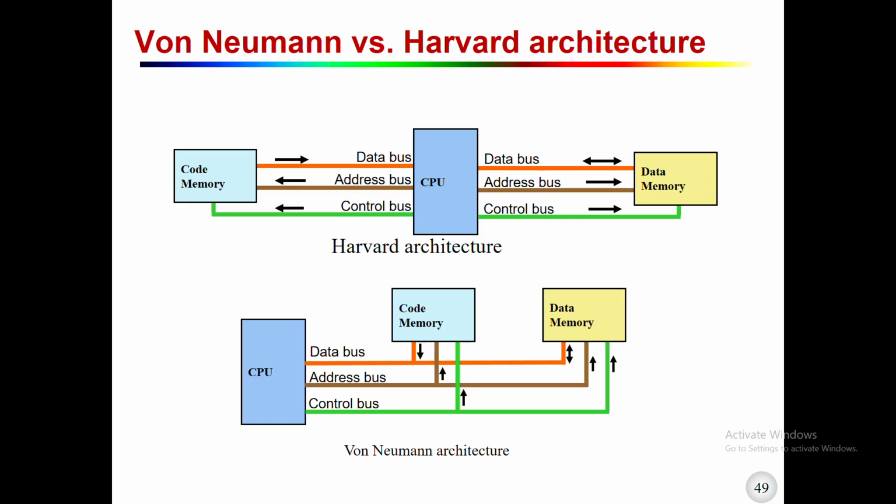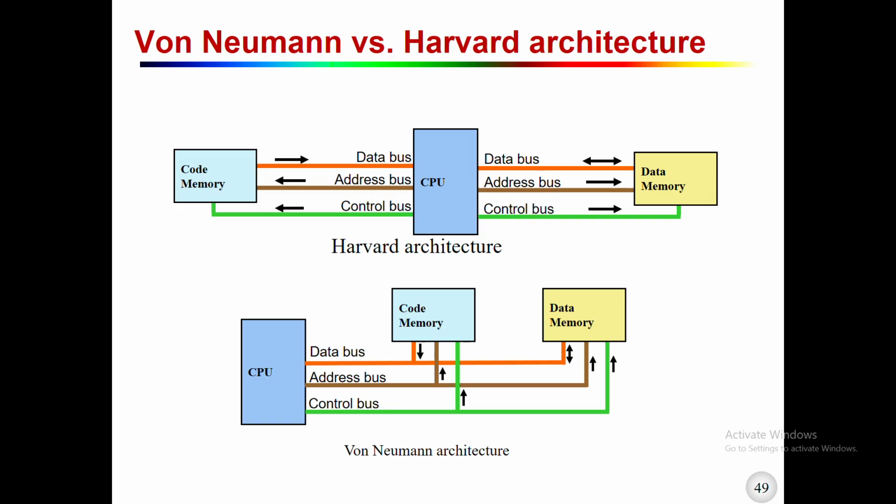When we see the figures, in the Harvard architecture, for example, we have code memory and data memory, which communicate with the central processing unit. Each of them uses different buses: the data bus for transferring code information to the CPU and data memory to the CPU, the address bus, as well as the control buses. But as you can see in the von Neumann architecture, the code memory as well as the data memory both interact with the central processing unit using a single data bus line, address bus, and control bus.